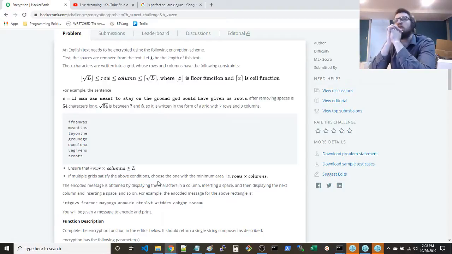So if the sum of the first n odd integers gives you n squared, right? First 2 integers gives you 2 squared. First n odd integers gives you n squared.